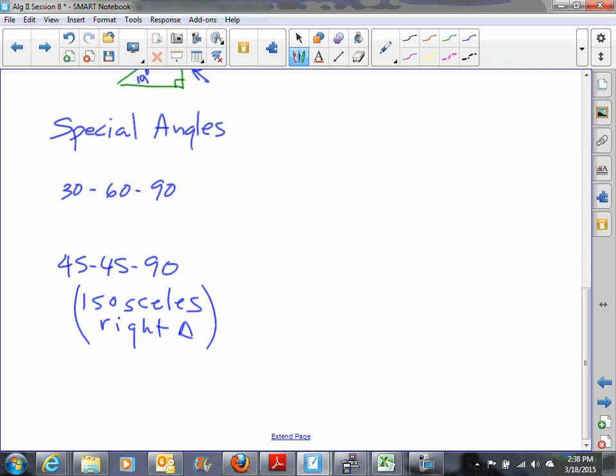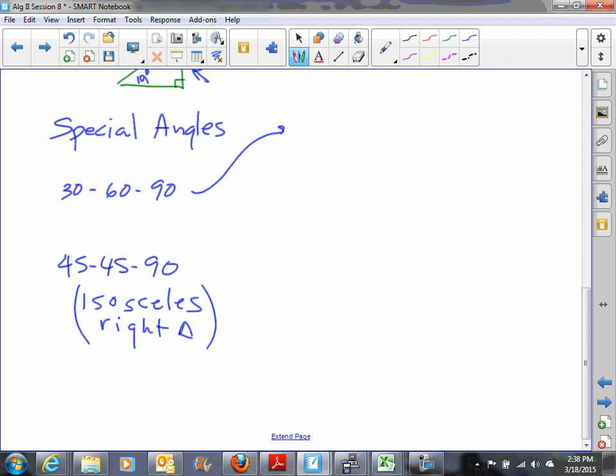Anyway, these two triangles have some special relationships, and it enables us to know the actual values of some sines and cosines. So let's start with the 30, 60, 90 triangle.